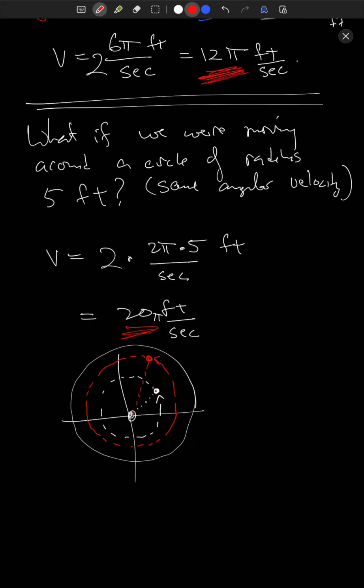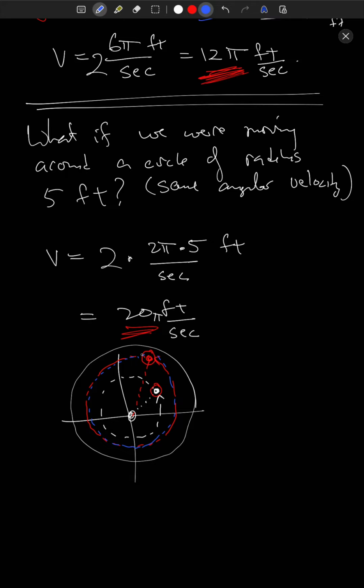The reason for that is that the spinning disk is spinning at a constant angular speed, and it makes a full circle in a certain amount of time. But in that same time, both the person out here at 5 feet and the person in here at 3 feet have to move around in a full circle. The person at 5 feet out has to move a longer distance to make a full circle compared to the person at 3 feet.